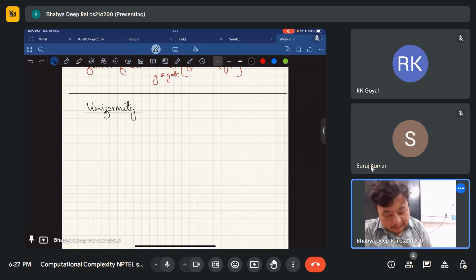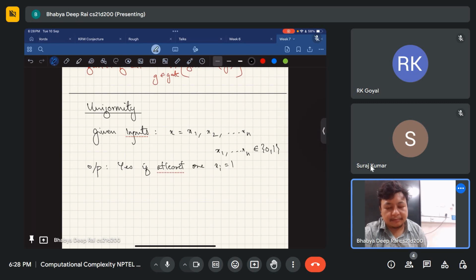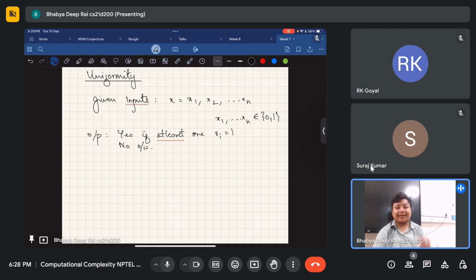Given inputs x1, x2, and so on till xn, and they are all bits, my output should be yes if at least one xi equals 1, no otherwise.